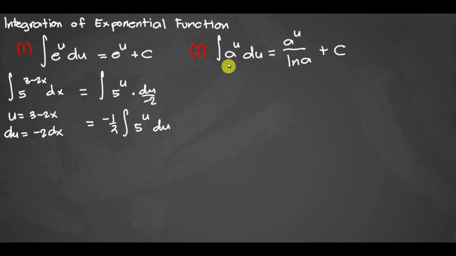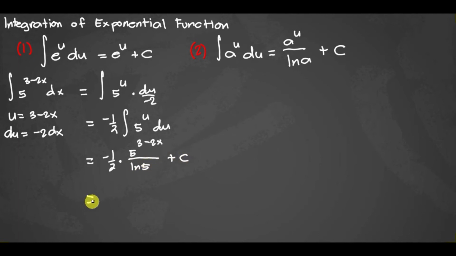Now you will notice that the 5 here is a constant. This is similar to our earlier solution, and then we can use this second formula by taking the negative 1/2 multiplied by 5 raised to u, where our u is 3 minus 2x, all over ln 5 plus c.